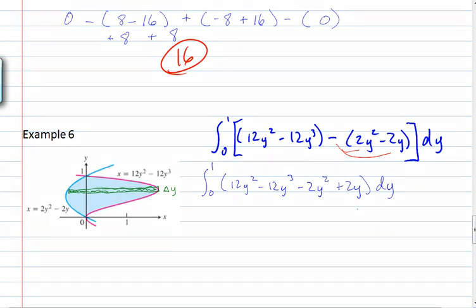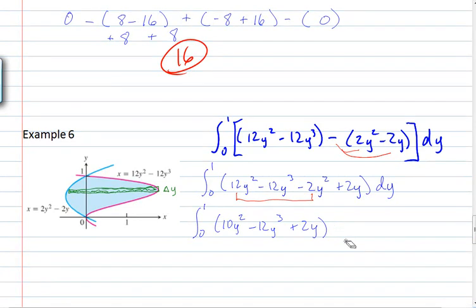Now we look for like terms to combine, and we do have some like terms here. We're going to go ahead and combine those just to make the arithmetic easier on us at the end. So when we combine these two terms, we have the integral from 0 to 1 of 10y squared minus 12y cubed plus 2y dy.